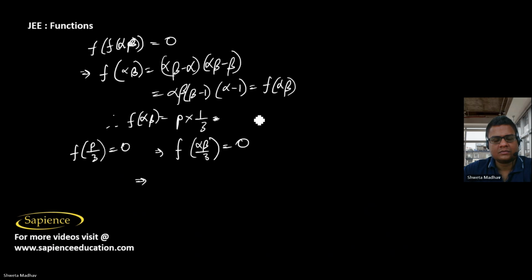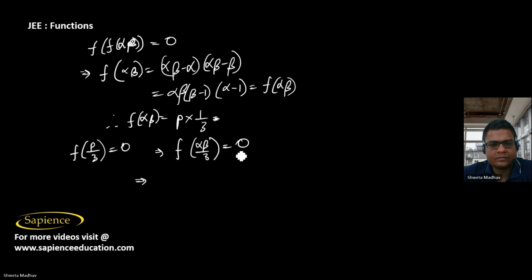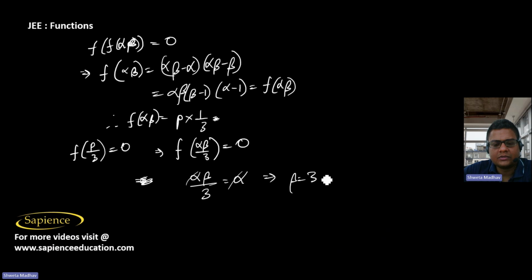Alpha beta by 3, if we say that is equal to alpha, then we can say beta will be equal to 3.